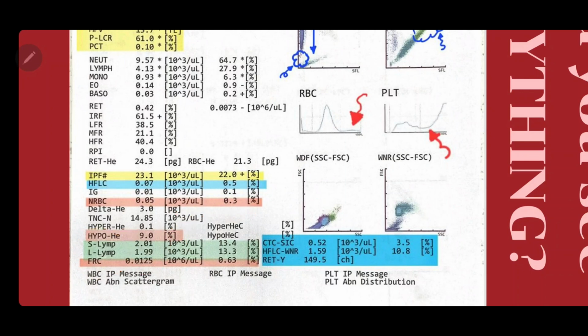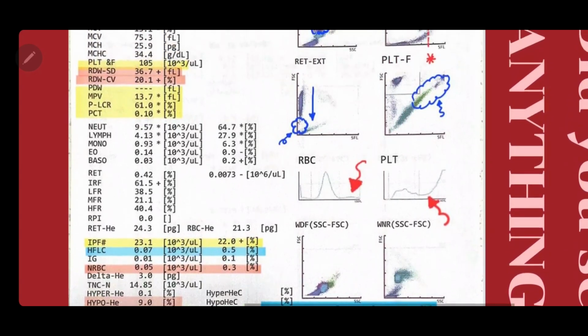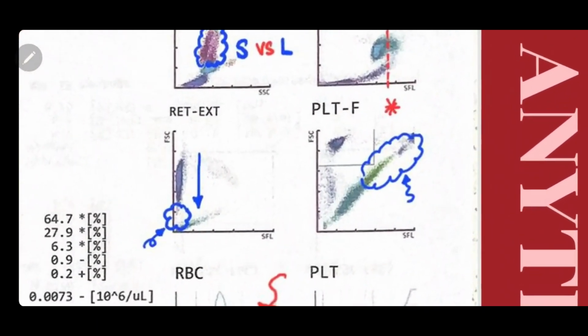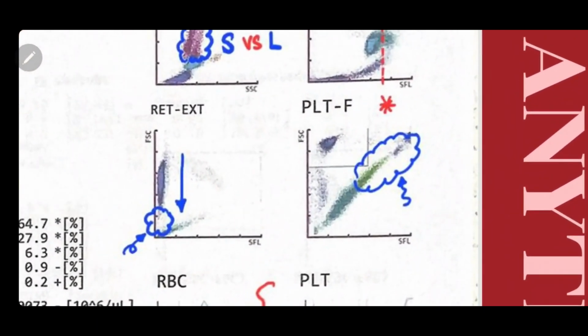Let's continue examining the graph, particularly the platelet F graph. What we see is a significant amount of IPF, which is represented by the green section here, the immature platelet fraction.